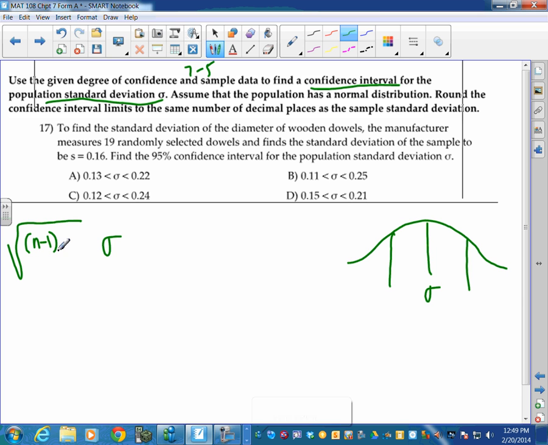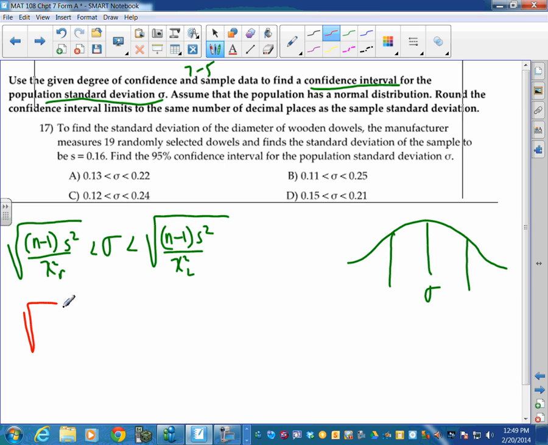N minus 1. It is chi-squared R. The other one is square root of n minus 1 s squared over chi-squared L. That's because when you divide by a bigger number, it's going to be smaller.